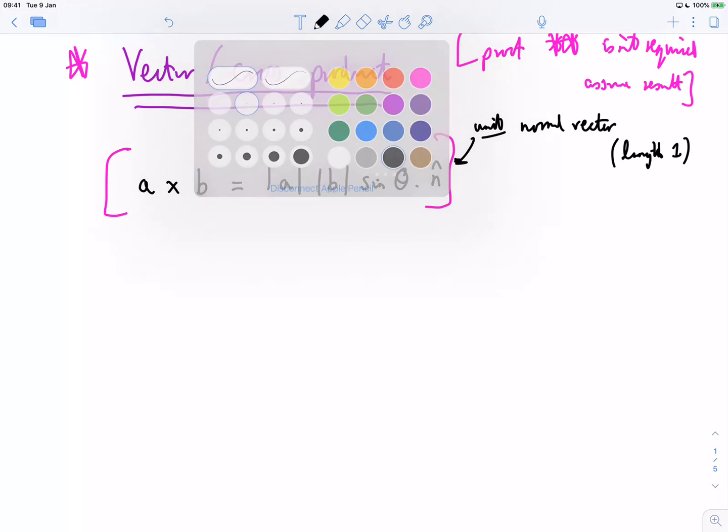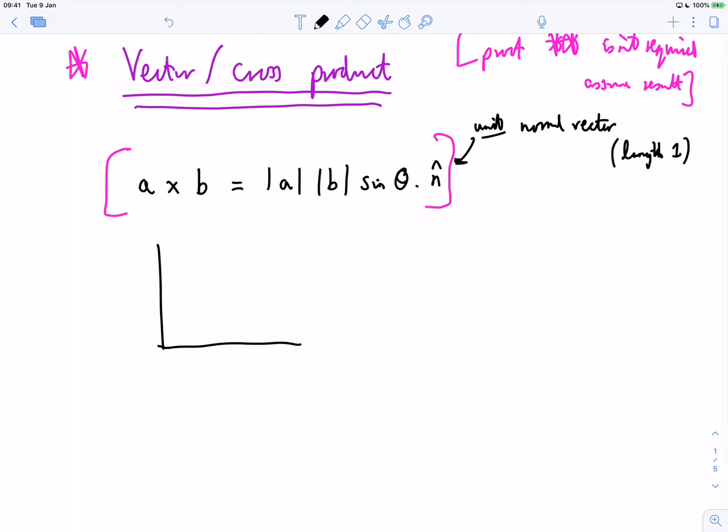And you're probably thinking, okay, so what's going on here? Well, suppose we've got a coordinate system like this, and say here's my vector A popping out like this, and then let's say this is my vector B popping out like this. Then imagine I take a copy of this vector and I put it there, and I take a copy of the B vector and I put it here.